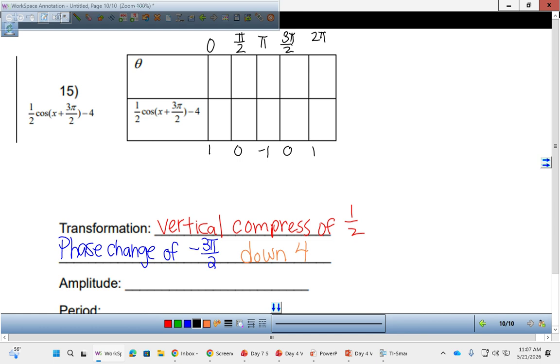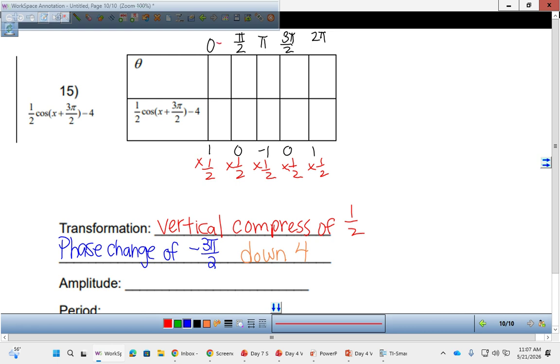So vertical compress of 1/2, that's vertical. It's going to impact the y values by cutting them in half. I'm going to multiply these all by 1/2. Phase change is a left shift. Because it's left and right, that's an x value impact.